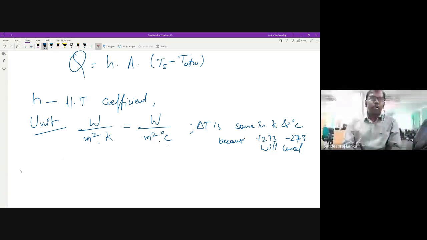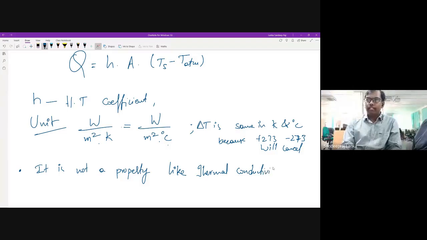One more important thing regarding your heat transfer coefficient H is that it is not a material property, like thermal conductivity. If you take thermal conductivity, every body will have a value of thermal conductivity.